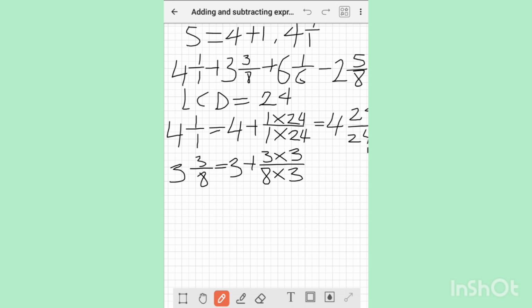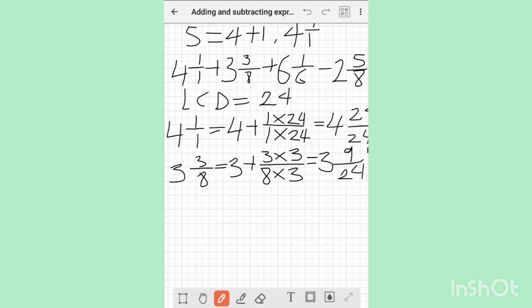This is done because the number that I used to multiply 8 to get the denominator of 24 must be repeated in multiplying the numerator. So here I now have 3 whole, 3 times 3 is 9, out of 24.